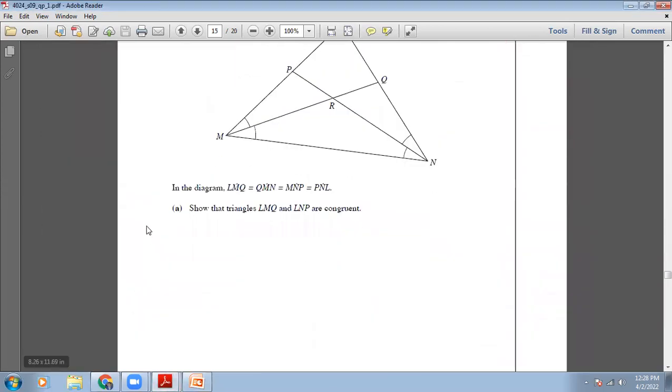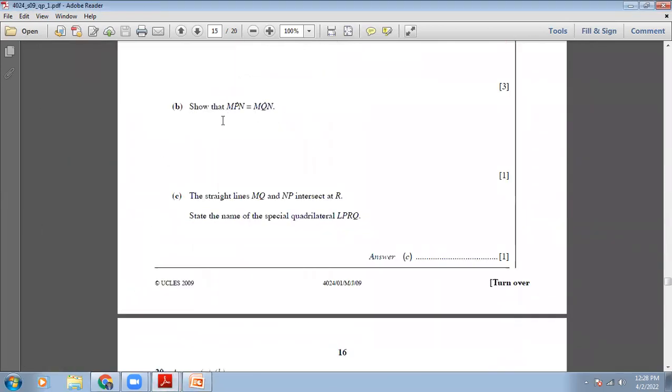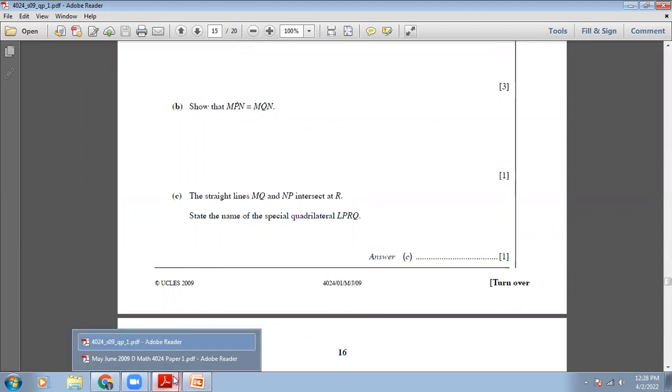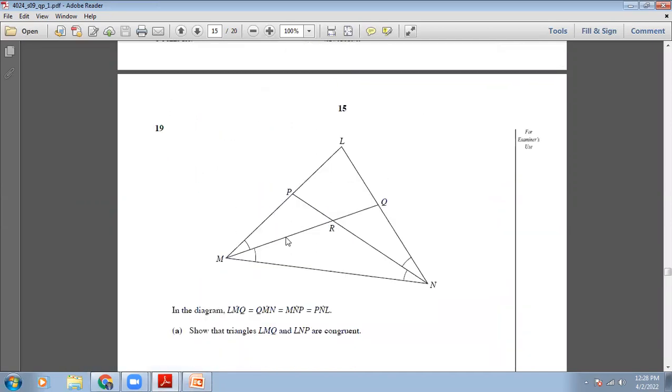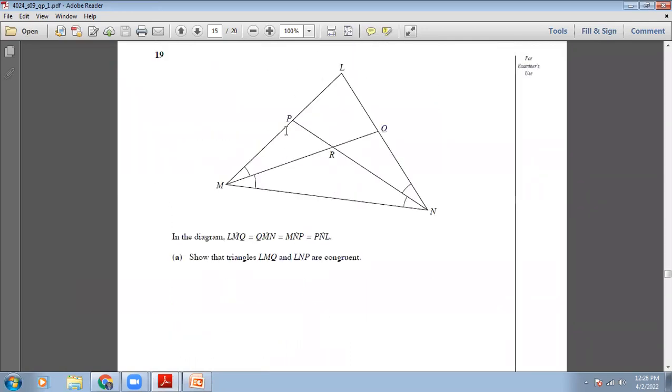Then we go to the next part. It says show that the angle MPN and the angle MQN are equal to each other. So they're talking about this angle and this angle.